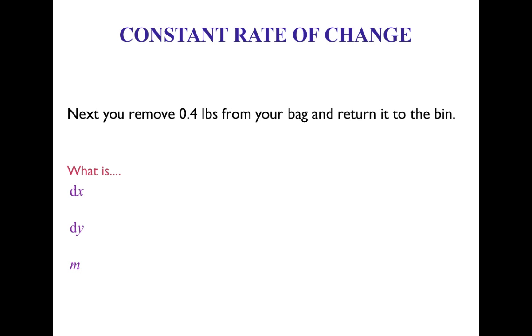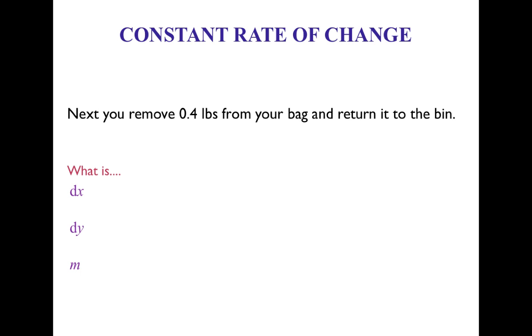Wait, so you did... because in the original thing, we only added, we're just talking about what we're taking out. And the cost of the... So we're just talking about the cost.